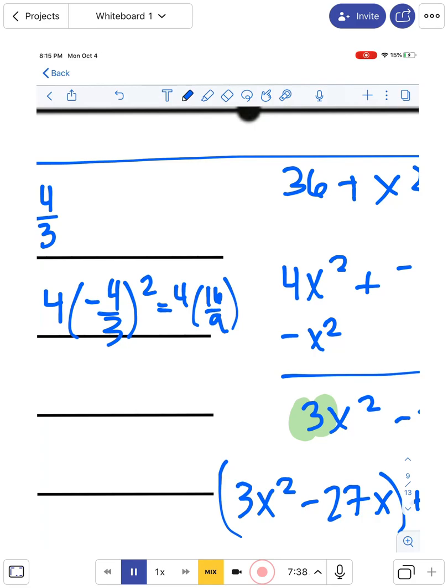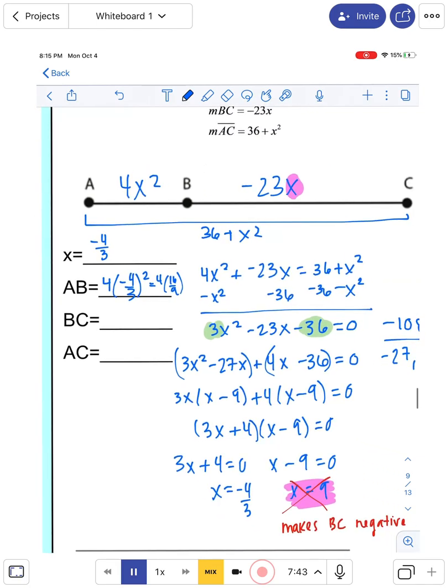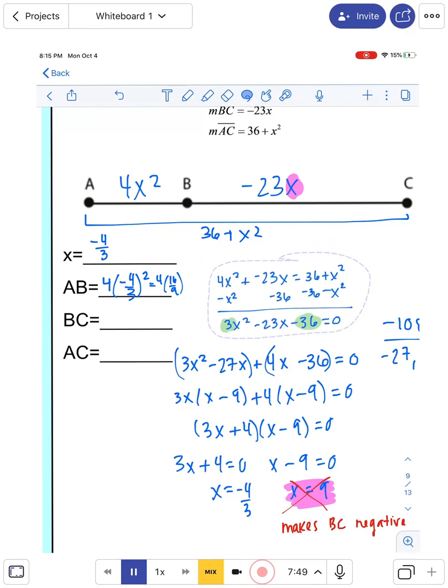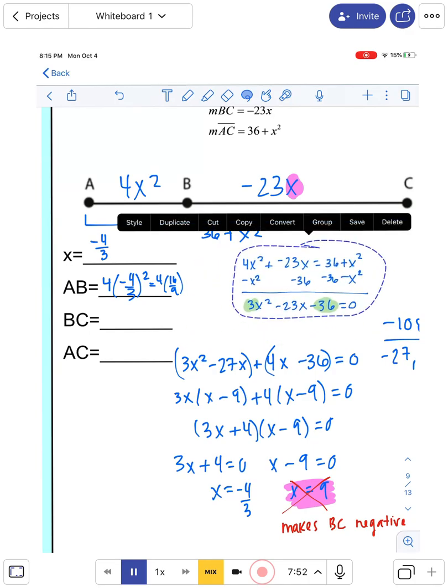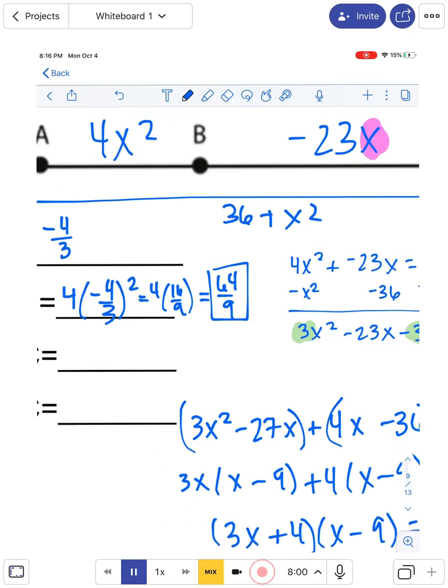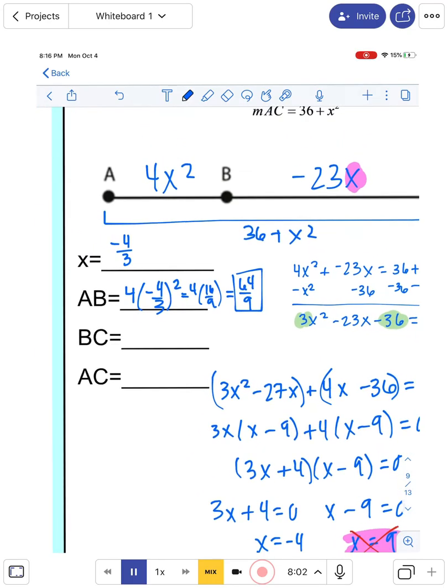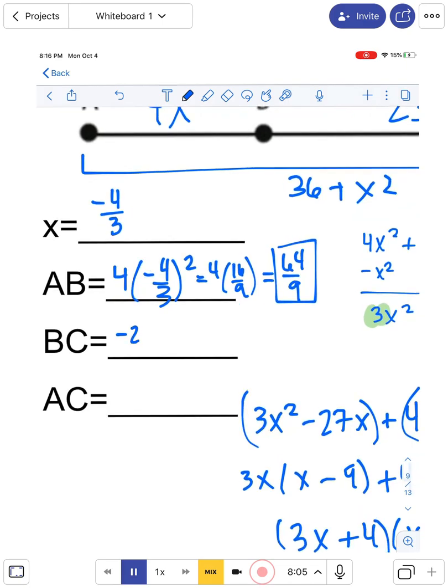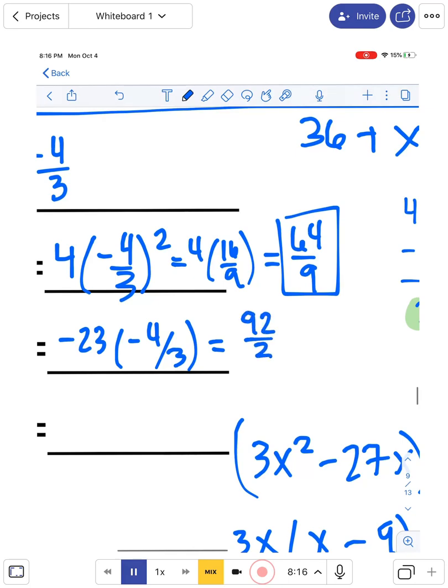And then 4 times 16/9 is 64/9. And so that's my AB. For BC, I'm going to substitute into negative 23 times x. So negative 23 times negative 4/3 will give me positive 92/3.